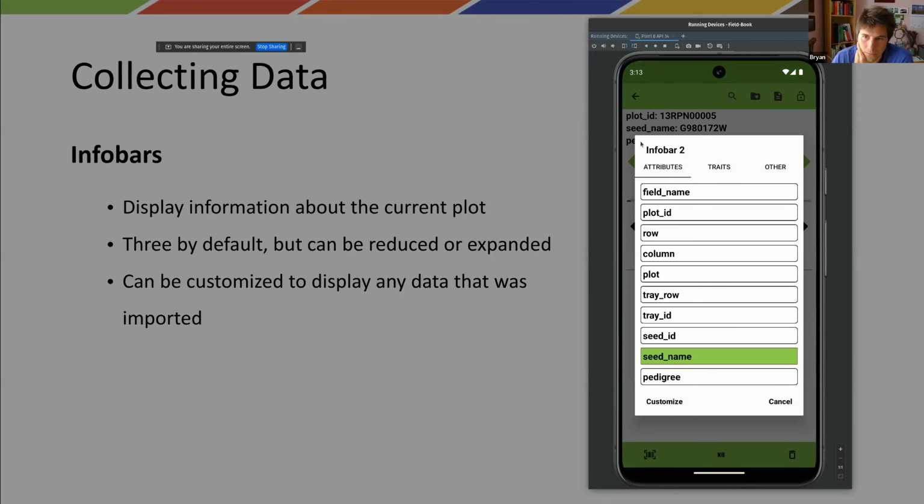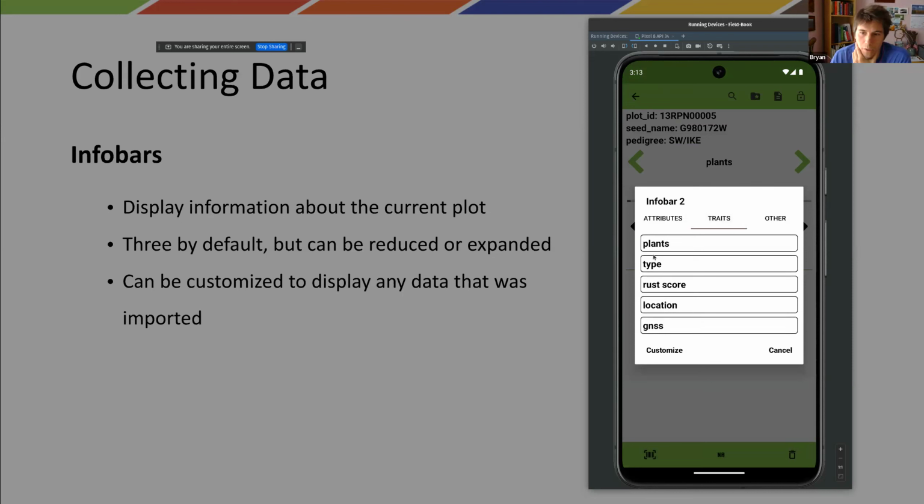The other thing you can do, this is just looking at attributes that were pulled in with the import file. If you already have trait data collected and it's useful to reference the value of one trait while you're collecting another, you can pick out your traits and see their values in the info bars.